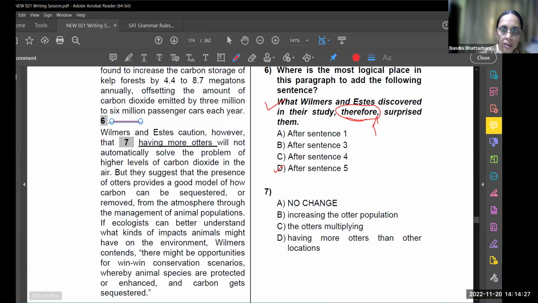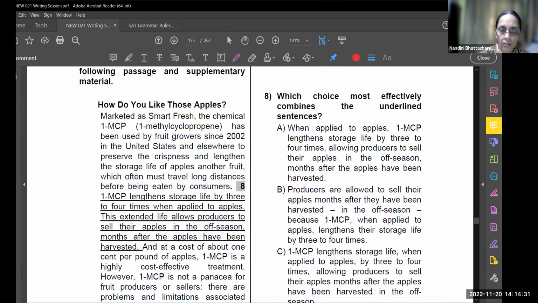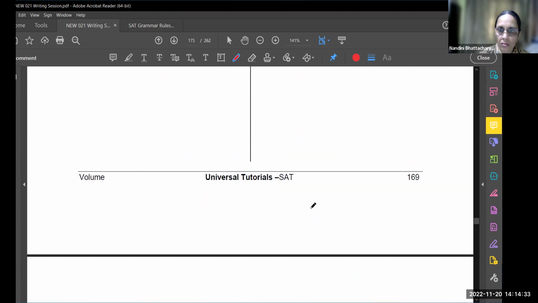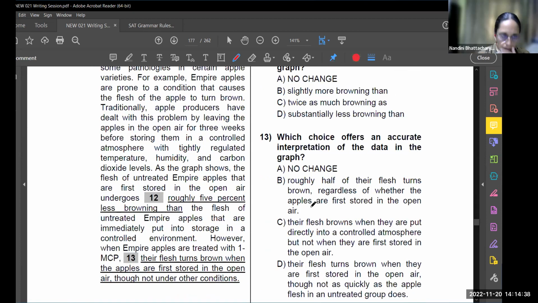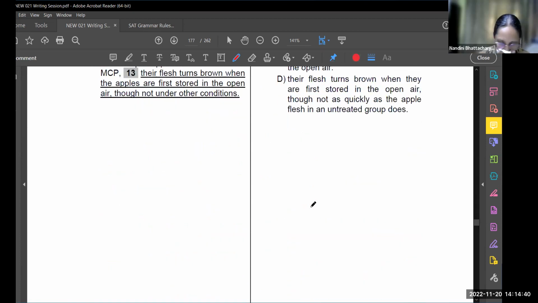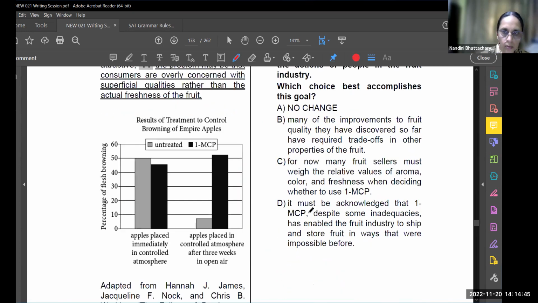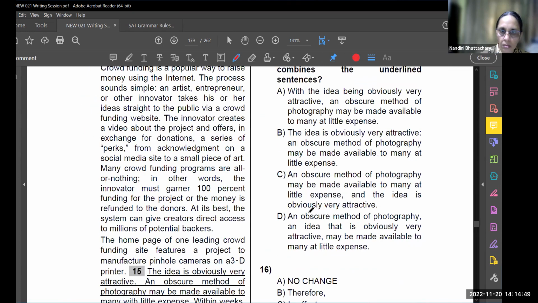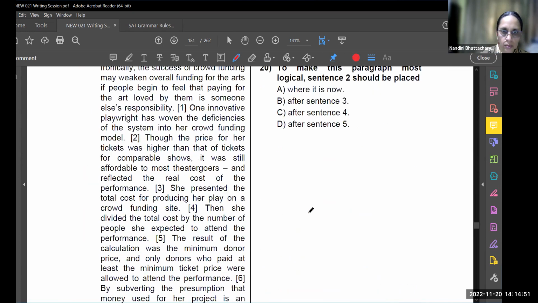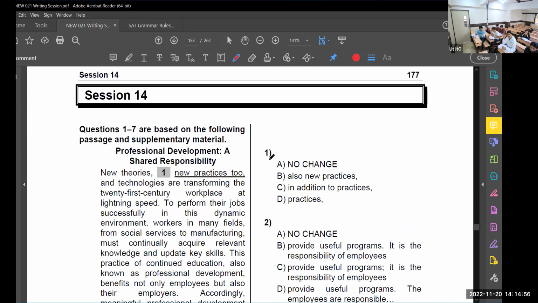Now what we'll do today is we'll move on to session 14. Ma'am, session 14 was done by Joseph sir.